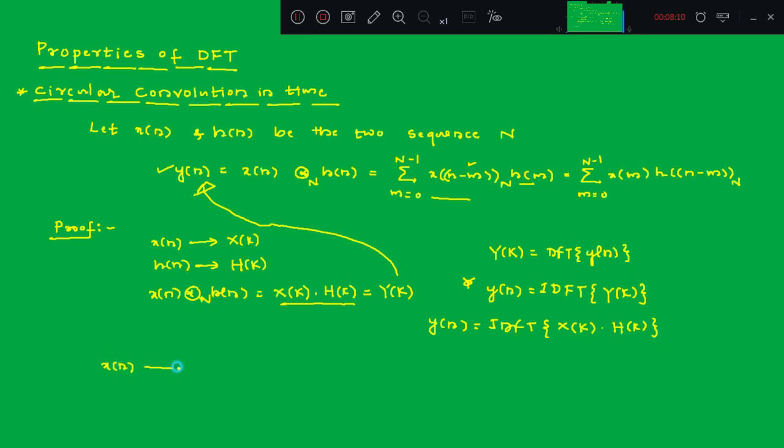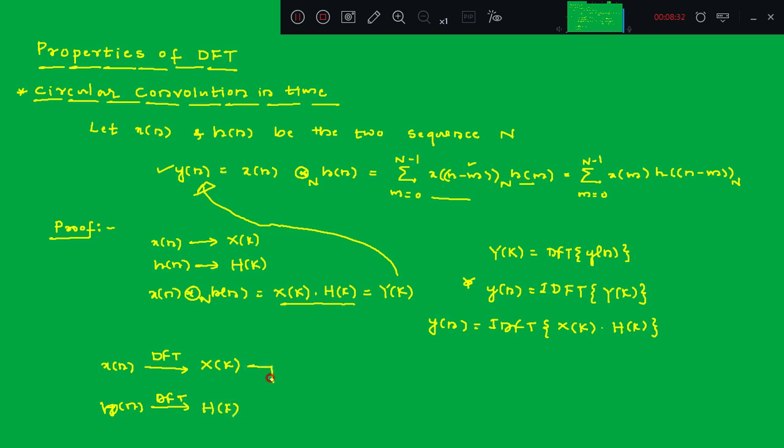According to the Stockham's method, to find the circular convolution, we first obtain the DFT of x of n, which gives x of k. In a similar way, I will compute the DFT of h of n and get h of k.